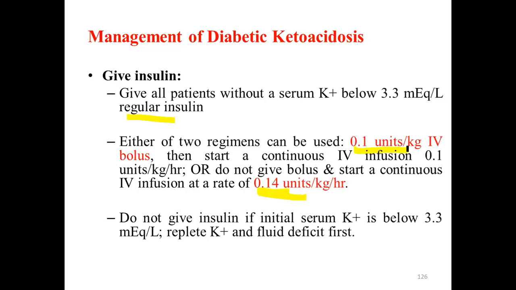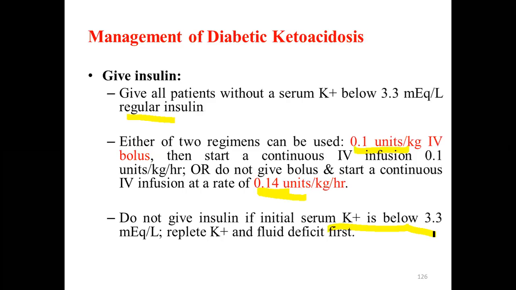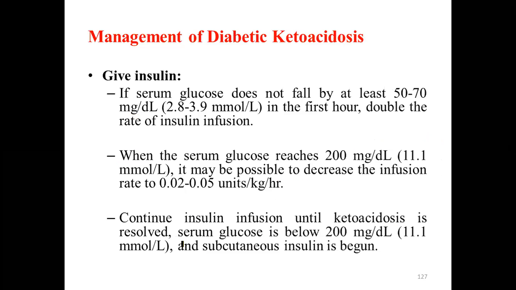But remember, don't give insulin if the potassium level is below 3.3 milliequivalent per liter. You have to replace potassium and fluid deficit first. Those are very urgent. Replace potassium and fluid deficit first before you give insulin. That is the recommendation.